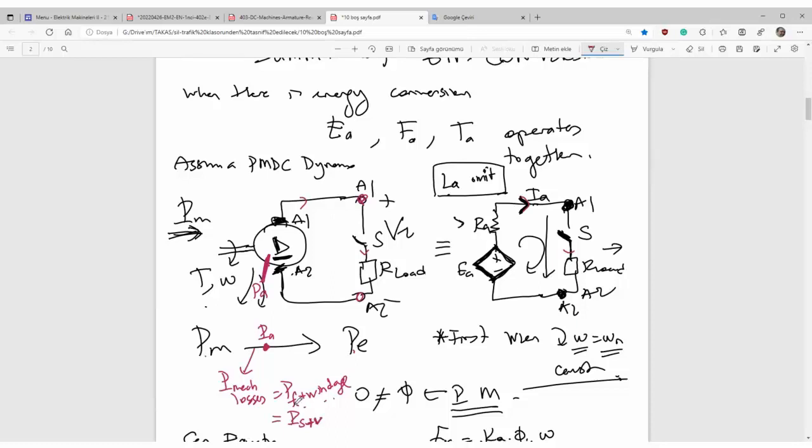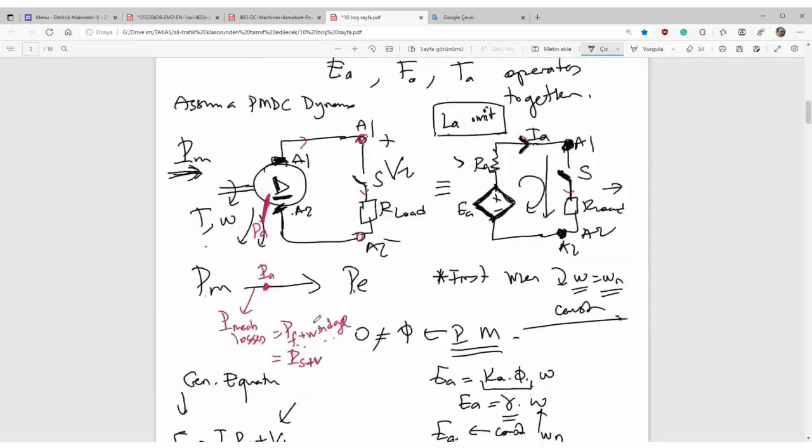You will generally see PSV in solution papers, solution sheets. But in exams, if you use mechanical losses or friction and windage, there is nothing wrong. Here are mechanical losses. There will be some core losses, but we generally neglect core losses. We add core losses into mechanical losses.